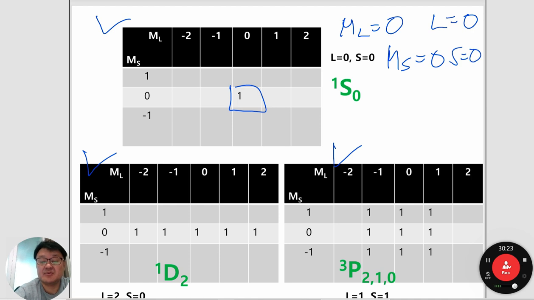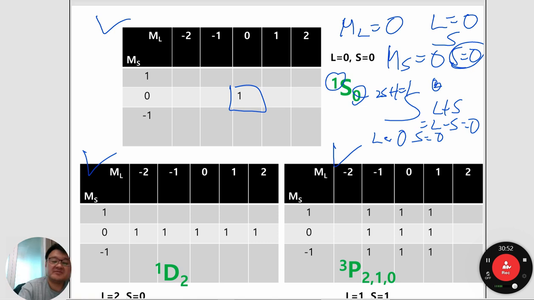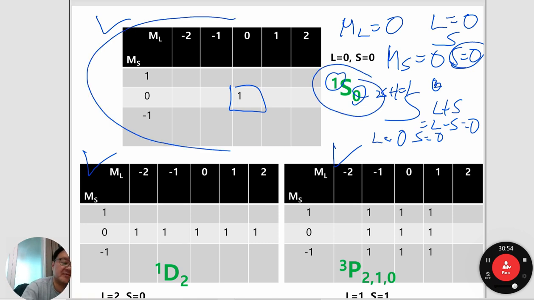When L is 0, it corresponds to capital S. Then 2S plus 1, the spin multiplicity: S is 0, so 2S plus 1 is 1, right? And L is 0, S is 0, so L plus S, L minus S are all 0, so you should have 0 here. This is the term symbol representing this table.